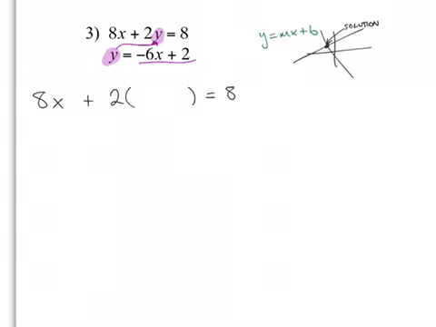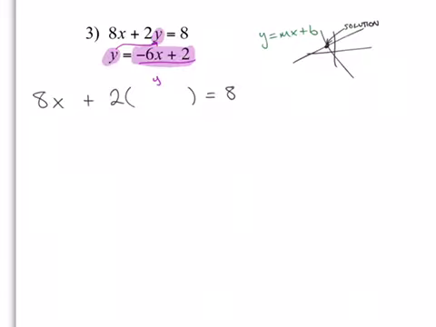But instead of writing it the way it was originally written, where y just is y, I'm going to take the value of y from the other equation, and I'm going to substitute in that value of y from the other equation into the top equation.